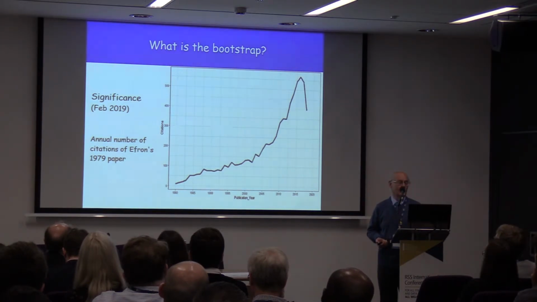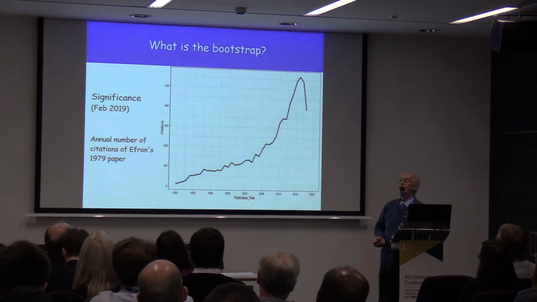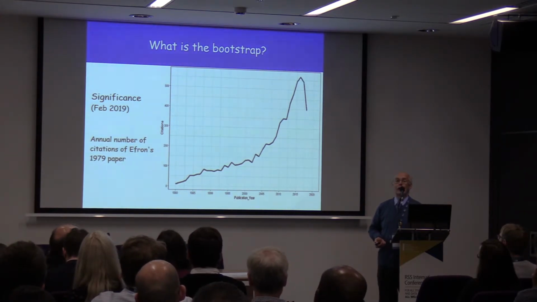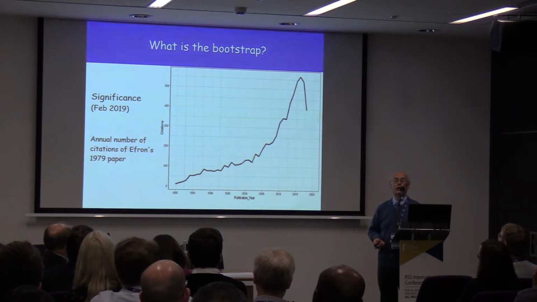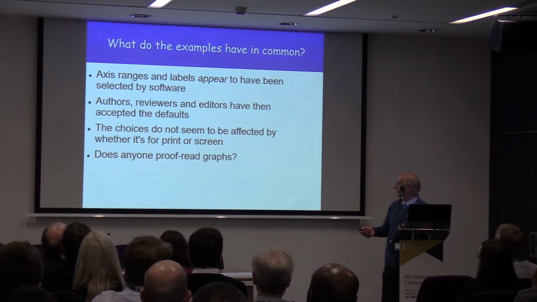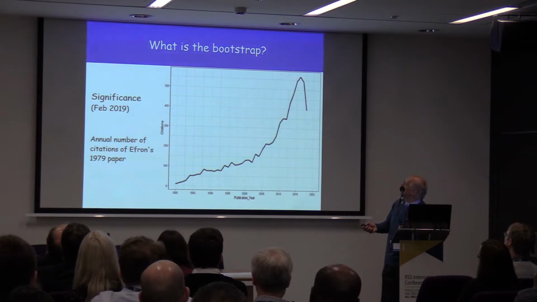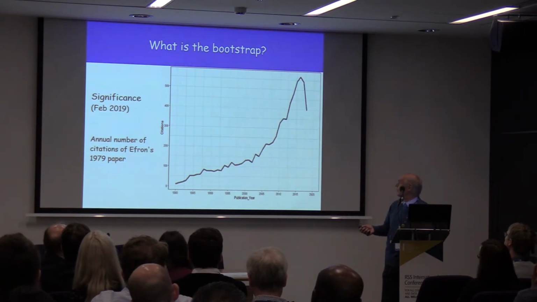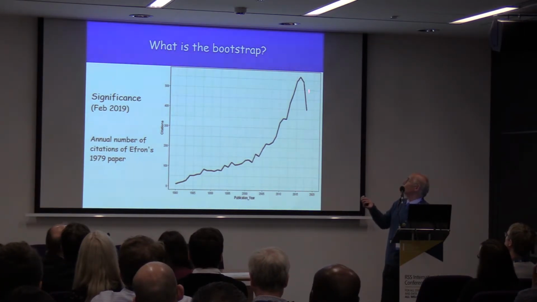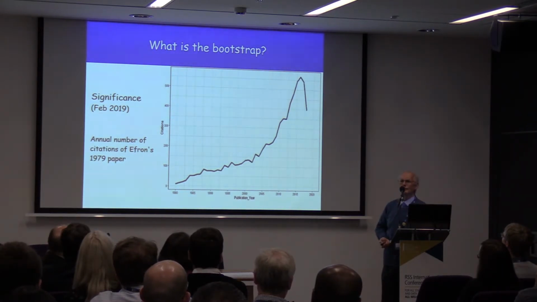We're not blameless at Significance. This is the graph which went along with a commentary on the interest in bootstrapping since Efron published his paper in 1979. There's a problem there that clearly interest dropped off considerably.